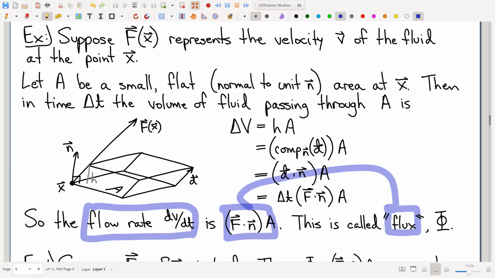This expression flux means F dot N times A. Now, if you're talking about a fluid, then flux means flow rate. Sure. But we might be talking about another vector field that maybe isn't a fluid, where nothing's flowing at all. And flux is still interesting, even though I can't call it flow rate. Okay. And the notation that we use is this right here. It's the capital Greek letter phi, which I am sure they chose because it starts with the same F sound as flux.